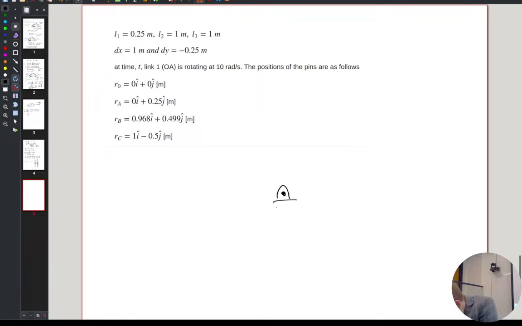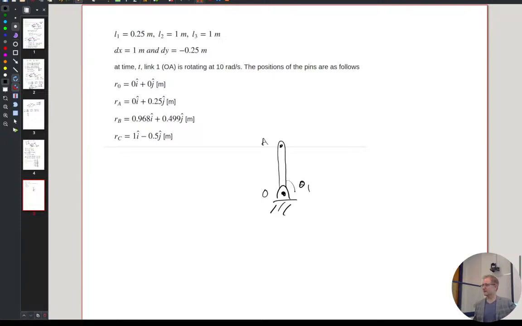All right, so we've got point O. That's at 0, 0 again. There's O. For RA, we go 0 along the x-axis, but up 1/4. So what's theta 1 if we go 0 along the x, but up by L1? What is that value of theta 1? 90, right?